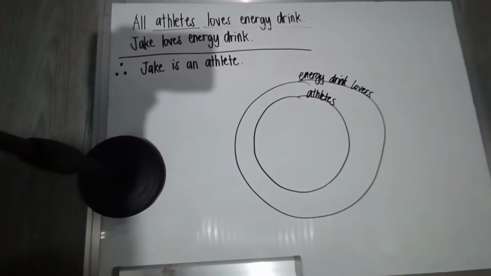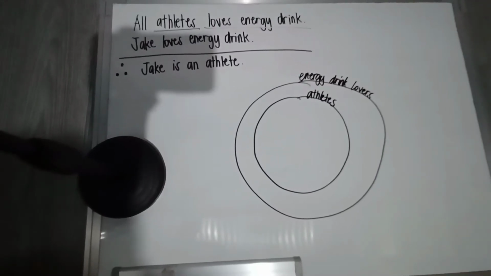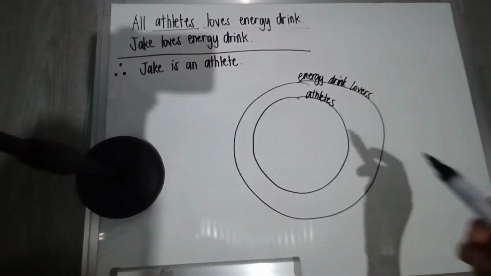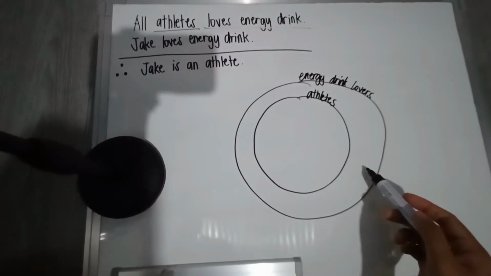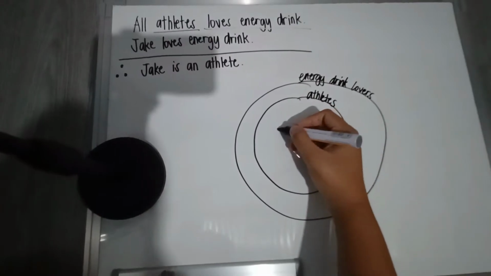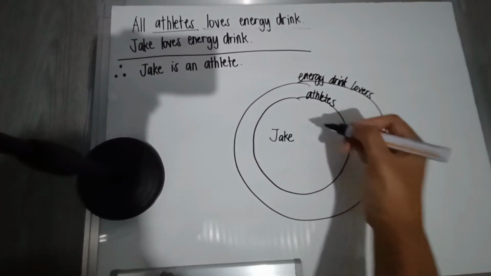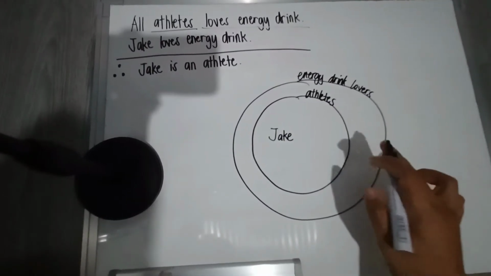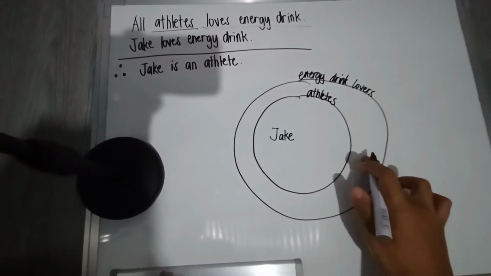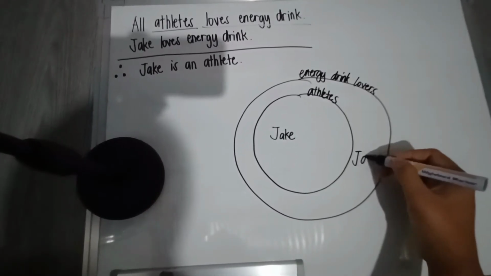For the second premise, Jake loves energy drinks. Now, where can we put Jake? He has to be inside the energy drink lovers' circle, so he could absolutely be inside the athletes' circle. But he could also be out here, outside the athletes' circle and inside the energy drink lovers' circle.